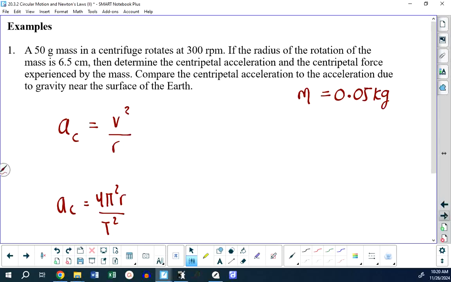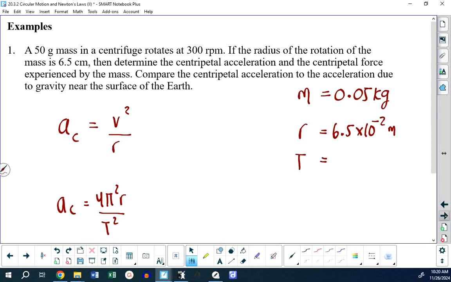What else do we know? We know the radius of curvature is 6.5 times 10 to the negative 2 meters. And we can find the period. One of the things we focused on yesterday was if you had RPMs, how can you find the period of revolution from that?